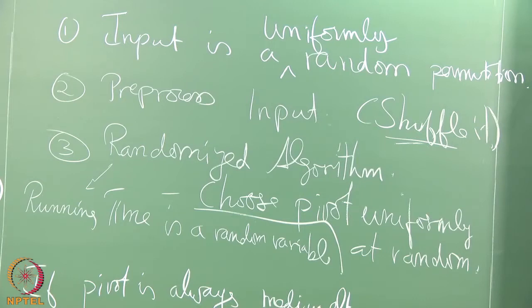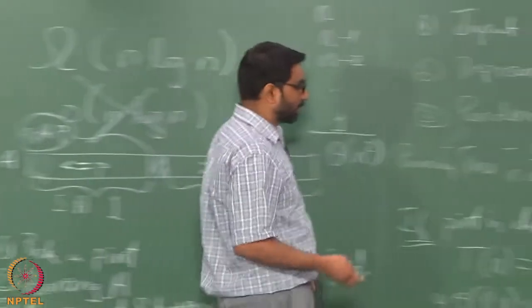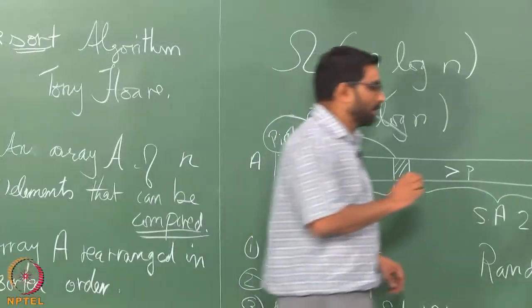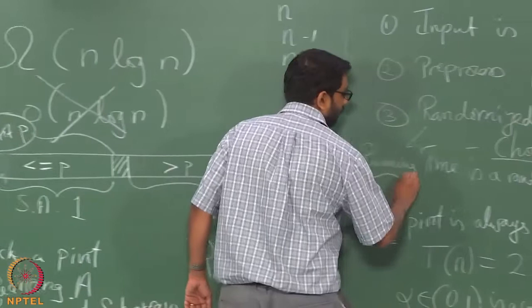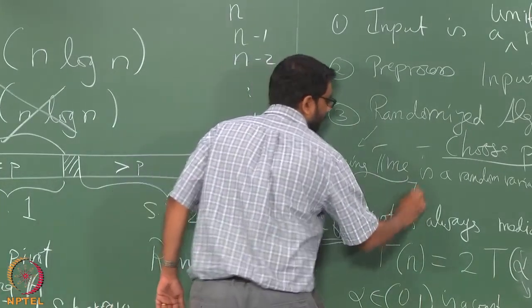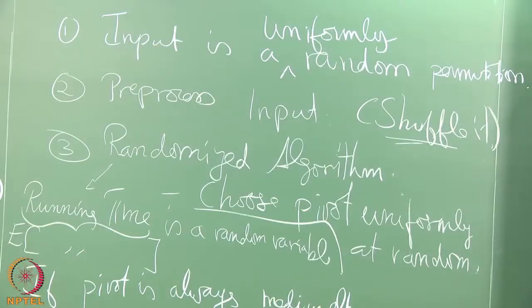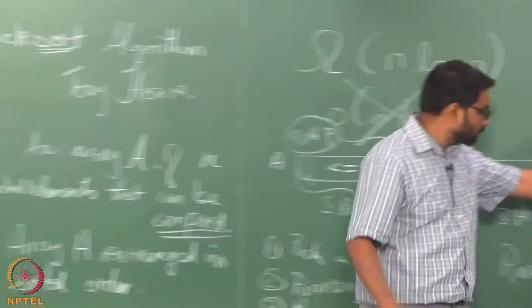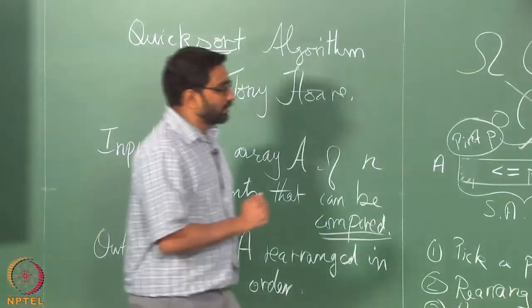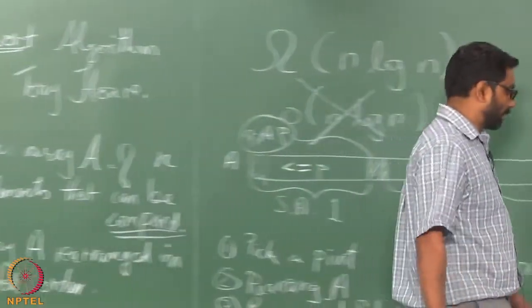So you cannot really give a direct bound on the running time, but rather what we're going to focus on is the expectation of this running time. We're going to give a bound not on the running time directly, but on the expectation of the running time. Let's see how we can arrive at that.